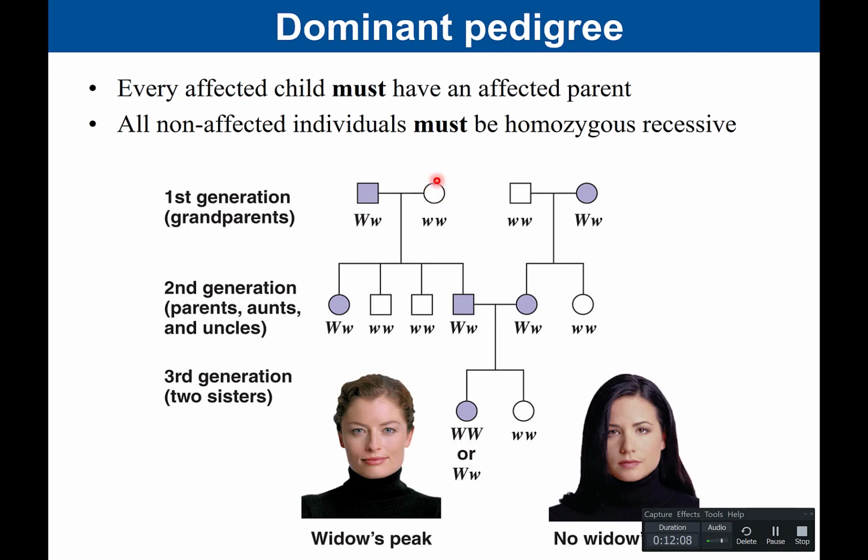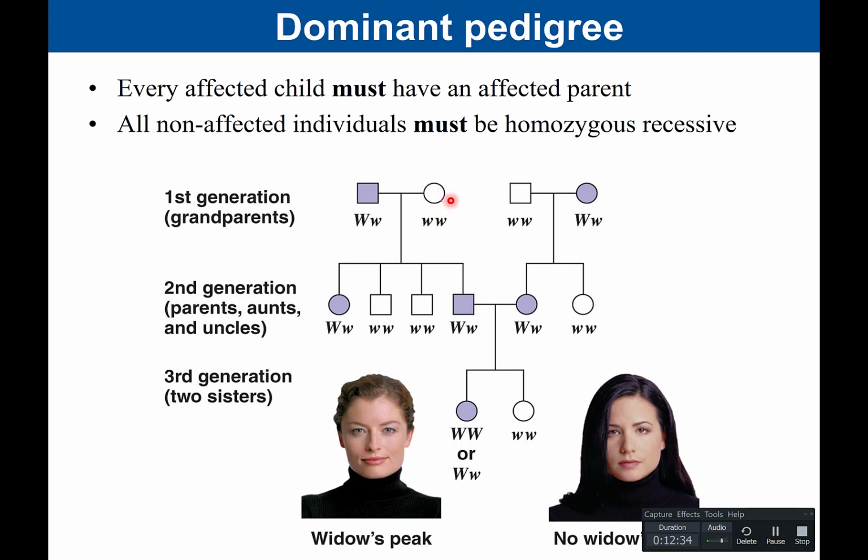So notice that for all of these that are not filled in, we know that the genotype has to be little w. So this is comparing widow's peak versus non-widow's peak, right? And so this one is little w. The way I start off when I'm trying to solve a pedigree is I start with what we know right away.